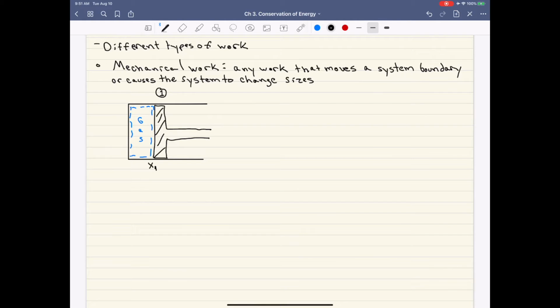Now let's say we add some work to the system somehow, or we add some mechanical work specifically. And because of this mechanical work, the gas is now expanding, or has now expanded. And so when the gas expands, it has to move the piston.